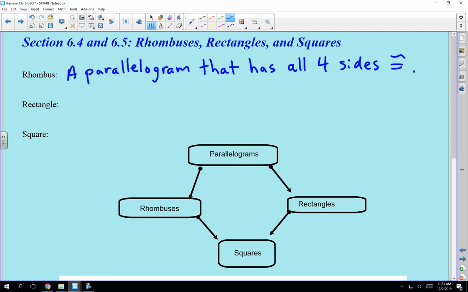And then the rectangle is a parallelogram that has all 4 angles congruent, and they're all equal to 90. So it's a parallelogram.